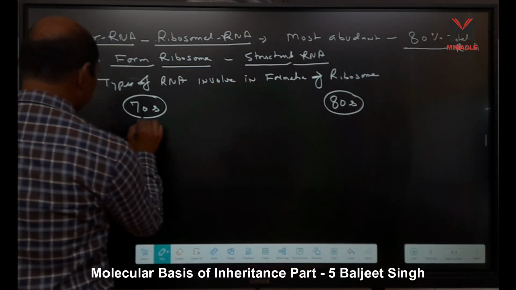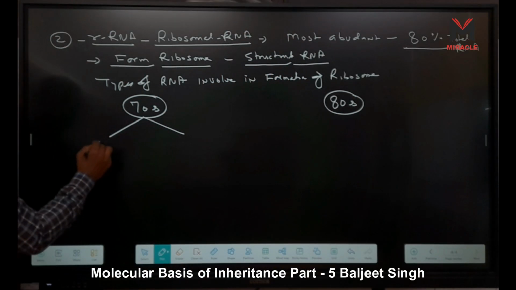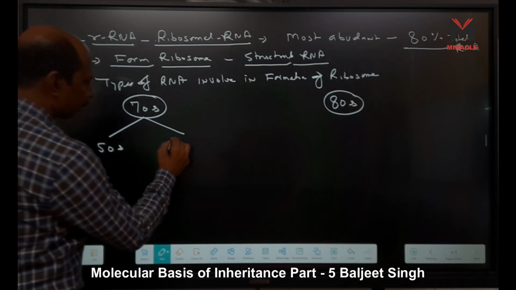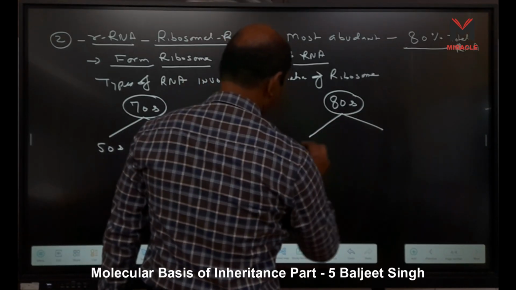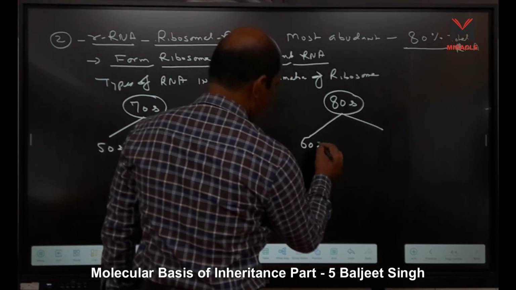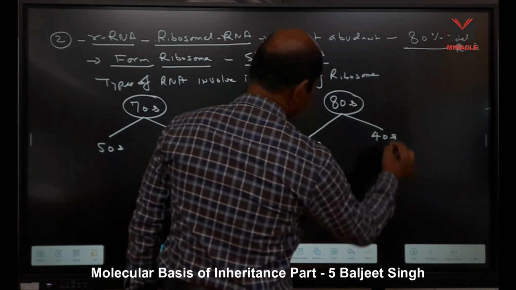70S ribosome has two subunits. The large subunit is made up of 50S and the small subunit is made up of 30S. The 80S has also two subunits, right? One is 60S and another one is 40S.